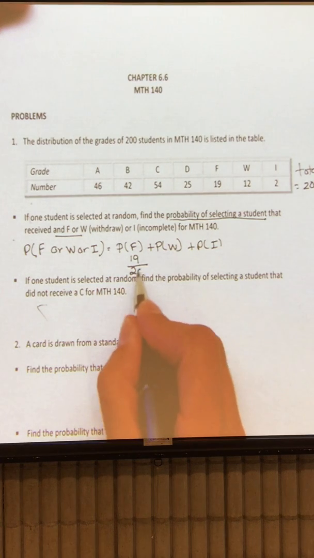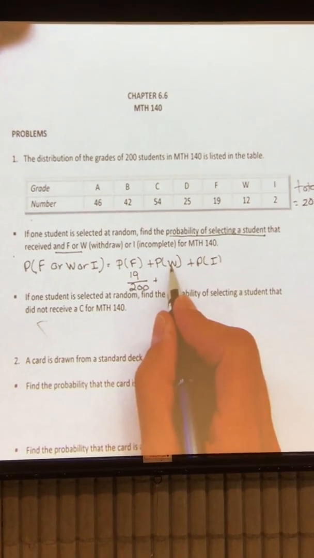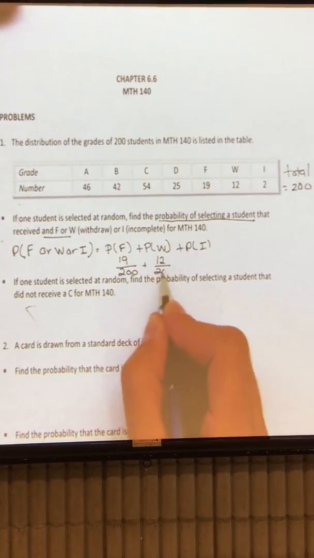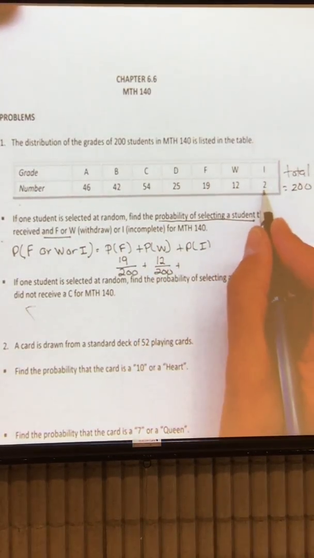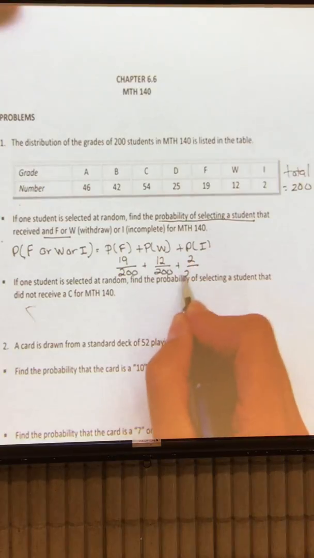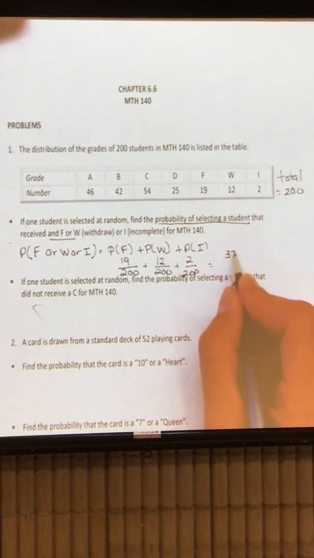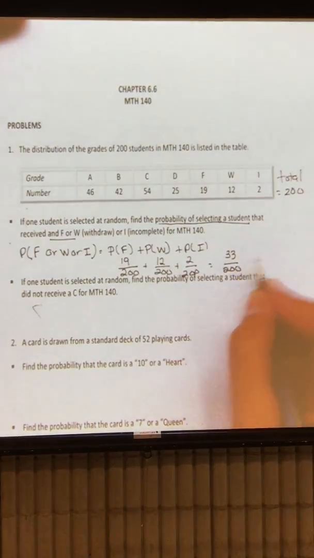So 19 over 200 plus the probability of W, 12 over 200, plus the probability of I, 2 over 200. Calculating that, you have 33 divided by 200, which is equal to 0.165.